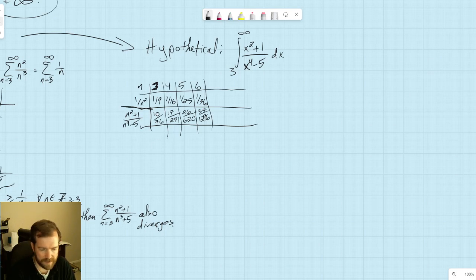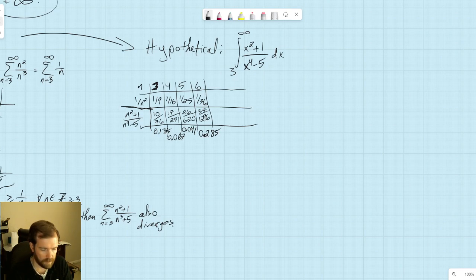All right, so 10 over 76 is 0.1315, some other stuff. 17 over 251 is going to be 0.067. 26 over 620 is 0.041, and 37 over 1296 is going to be 0.0285.